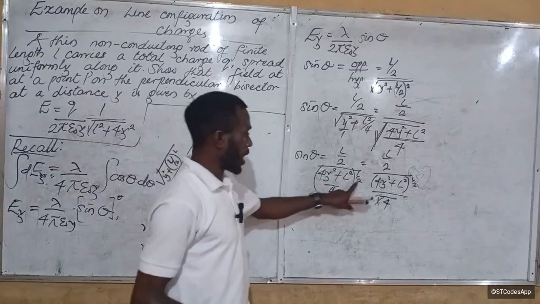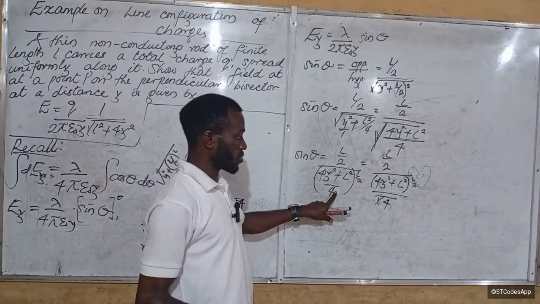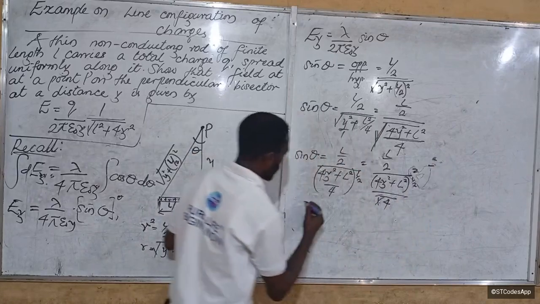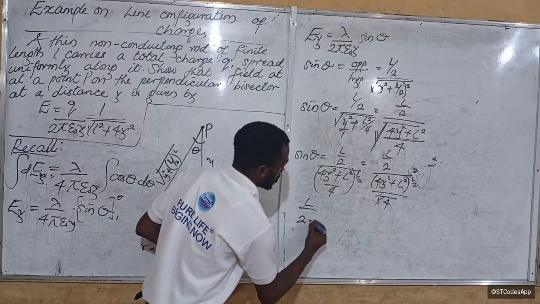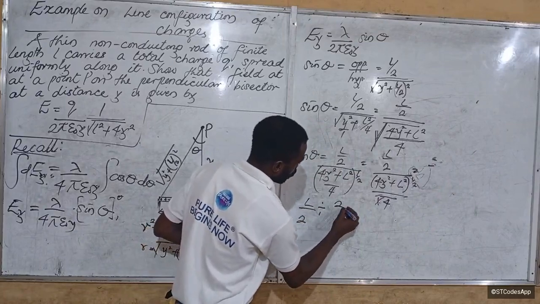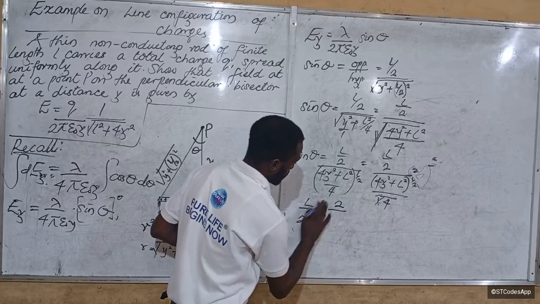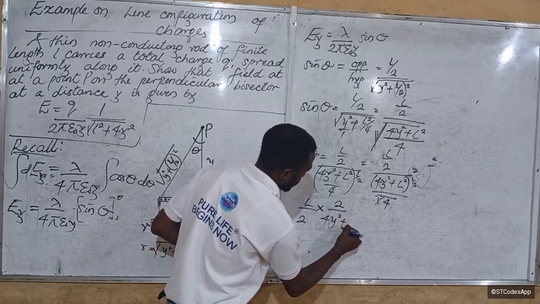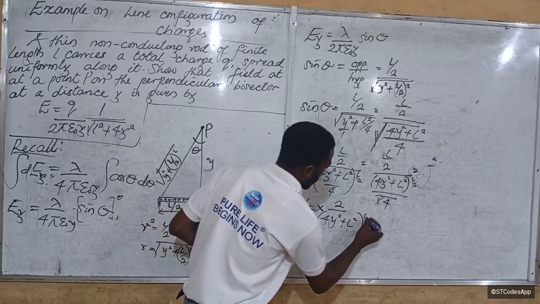Okay, I return the square root to this denominator. So this becomes L over 2 divided by 2, multiplied by 2 over 4y squared plus L squared all raised to the power half.